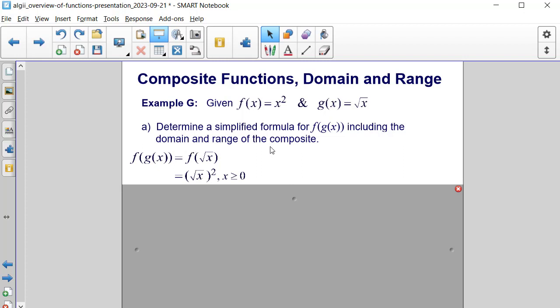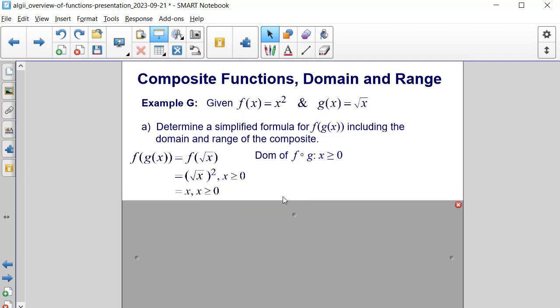What is the domain of this composite? Well, the domain of f of g is going to be that x has to be greater than or equal to 0. And then if we simplify the square root of x raised to the second power, well, the square makes the square root go away. So we just have x for the domain restriction that x has to be greater than or equal to 0.